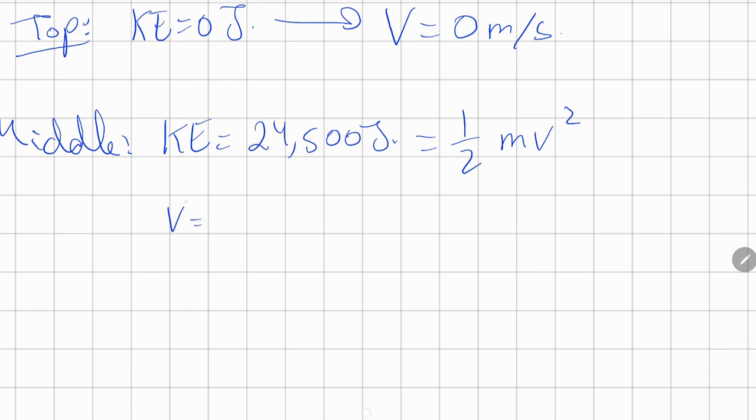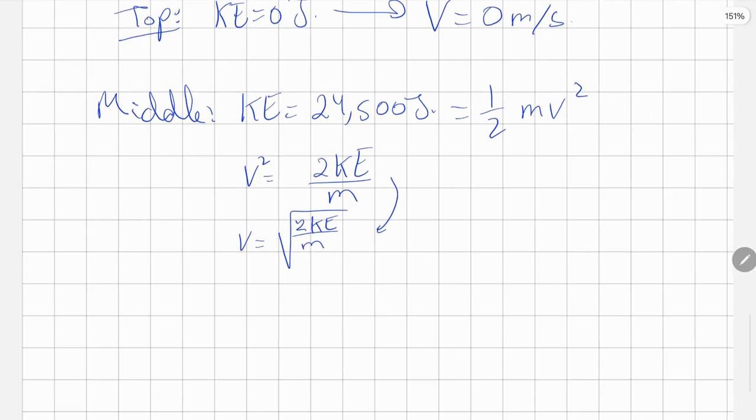Velocity squared is twice the kinetic energy all over the mass. So when we want the velocity, it's the square root of twice the kinetic energy over the mass.